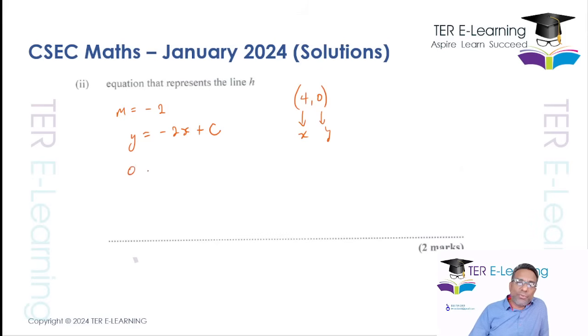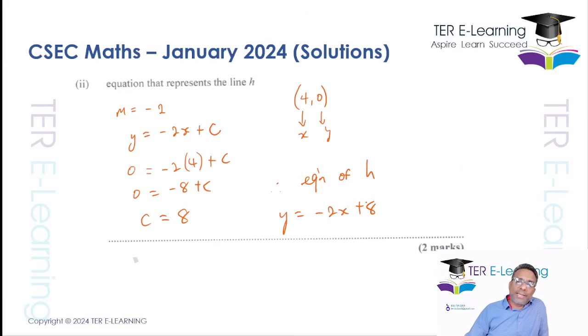So therefore 0 is equal to minus 2 by 4 plus c. So 0 is equal to minus 8 plus c. So therefore c is equal to 8. So therefore the equation we're looking for, the equation of H, is given by y is equal to minus 2x plus 8. That's it.